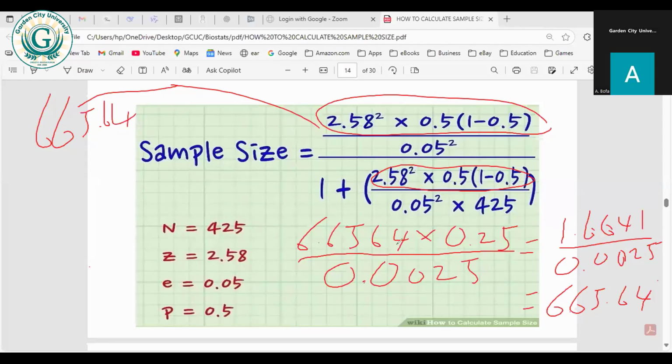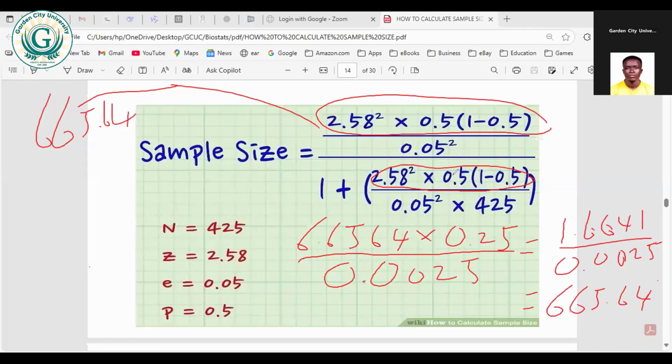But for the doubting Thomases, I want you to type again 2.58 squared. That's 2.58 times 2.58. What are we getting? It gave us 6.6564, just as we had earlier. And this means that we are going to get the same thing here, 0.25.